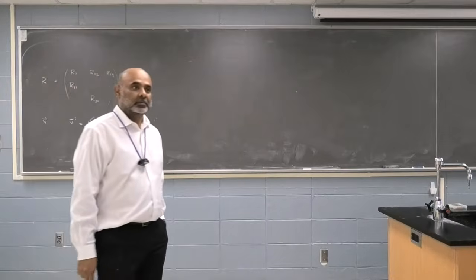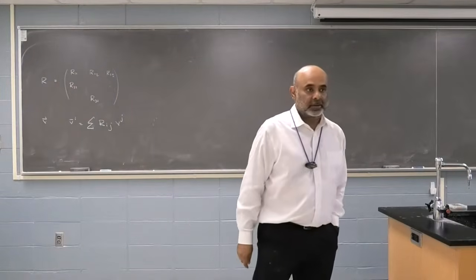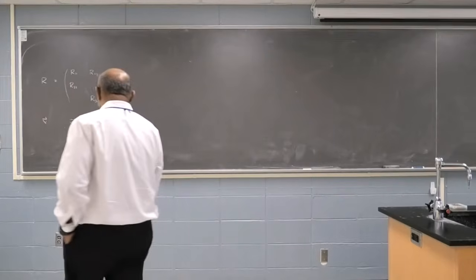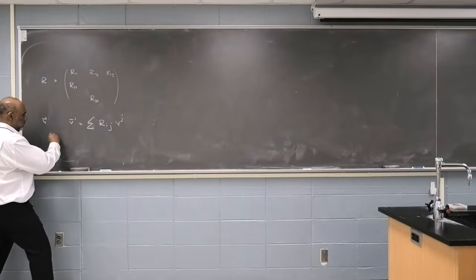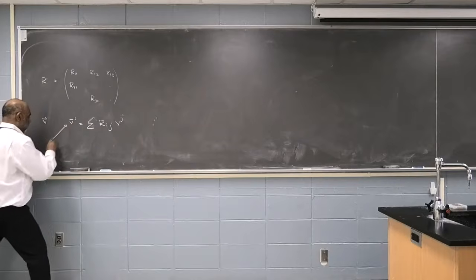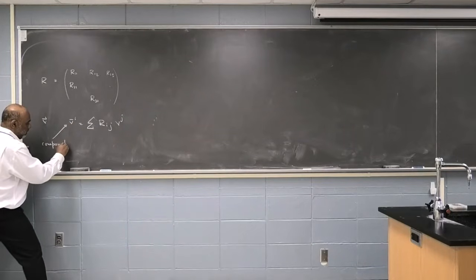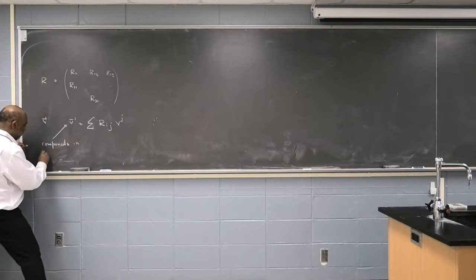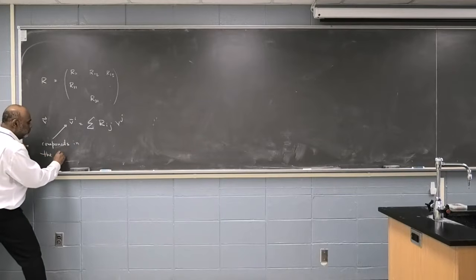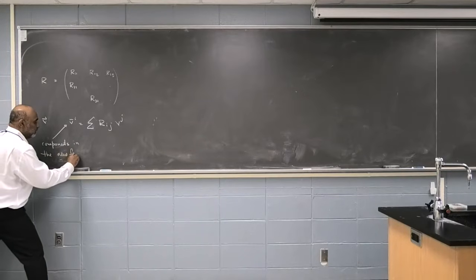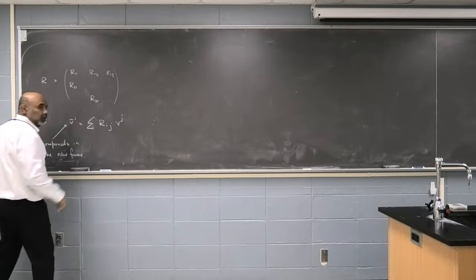Correct? Is that complex conjugate V? No, sorry, it's V bar. Yeah, I see. That's the rotated components in the rotated frame. This is in the one that you had before.